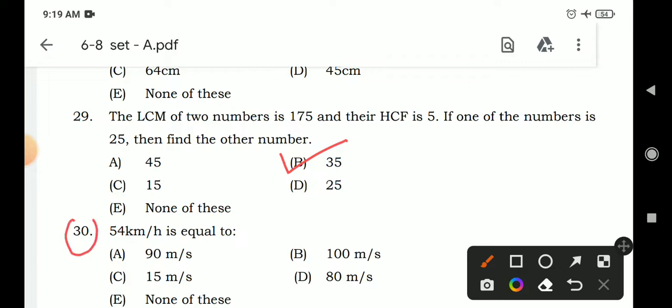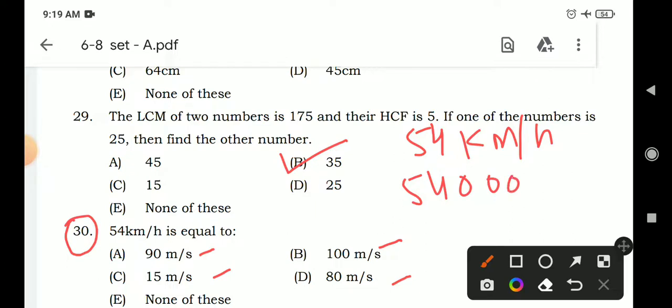Question number 30. 54 kilometer per hour is equal to which one of these? So beta, in the options you can see in all the options the unit is meter per second. So you need to convert it into meter per second. How can you convert it? 54 kilometer per hour is there, and you know in 1 kilometer 1000 meters are there. So this unit is now meter.